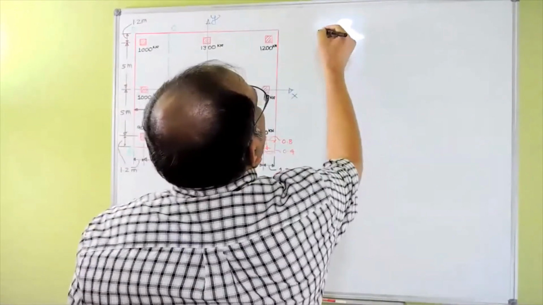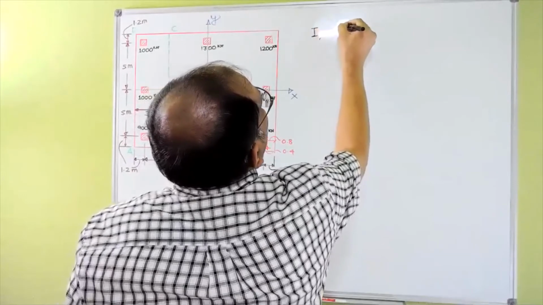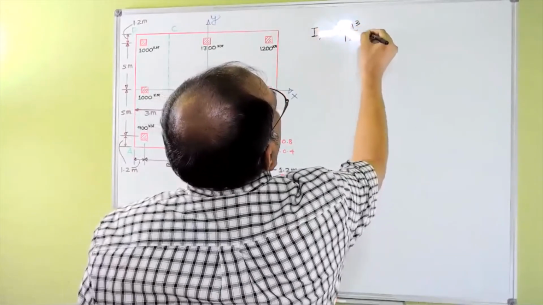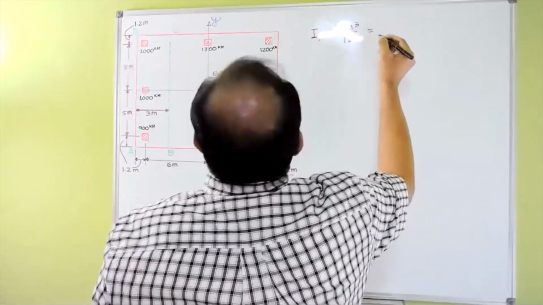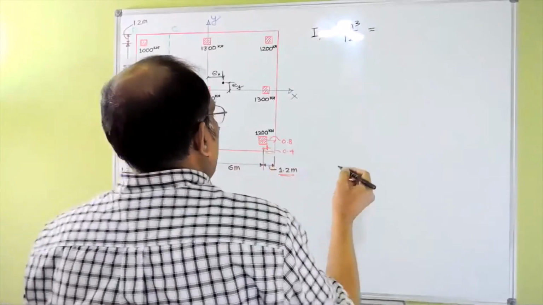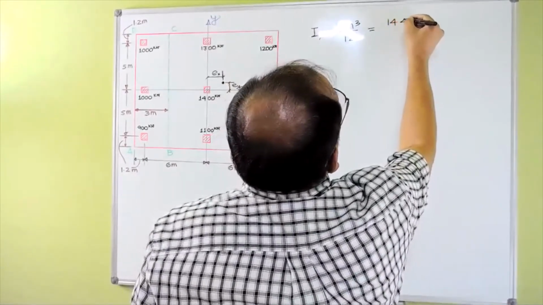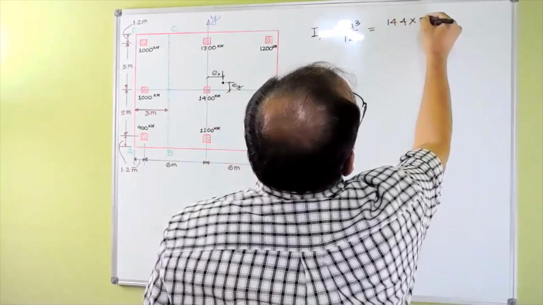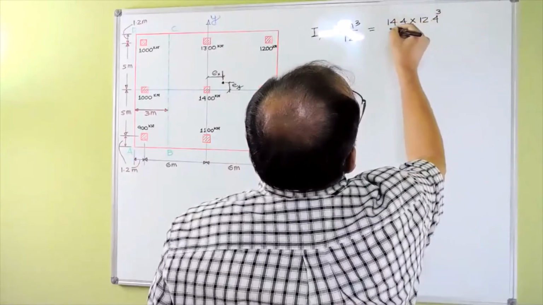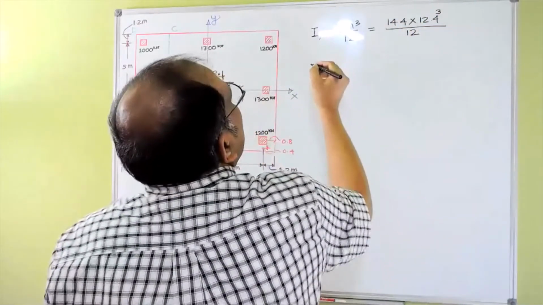So your Ix would be BH cubed by 12, where B is this one, 14.4 into 12.4 cubed by 12.